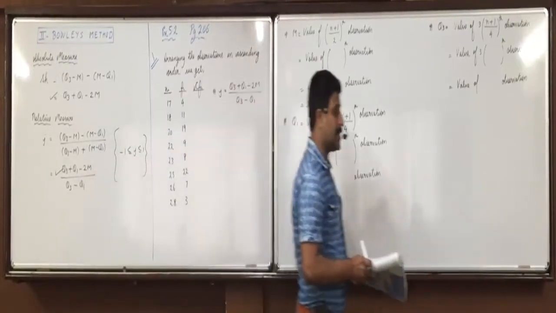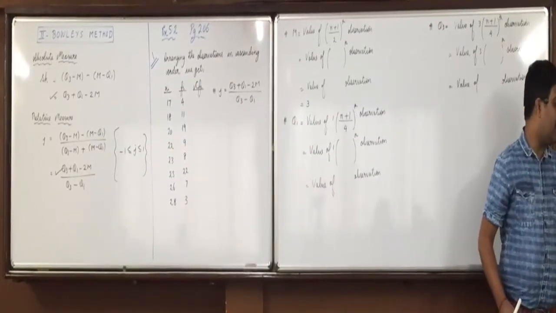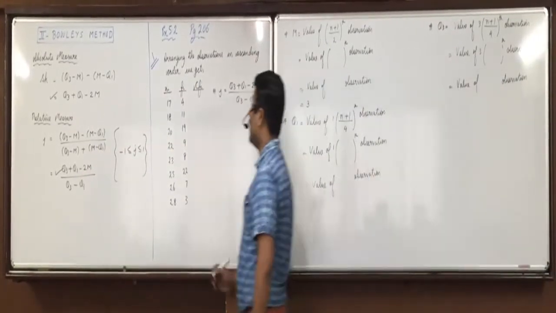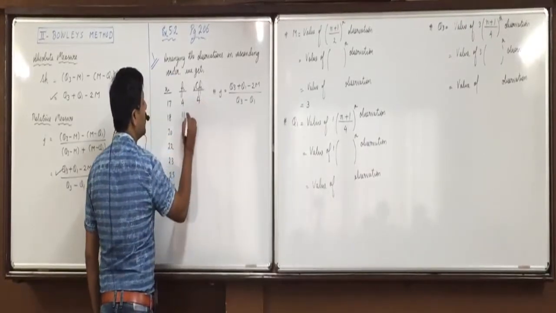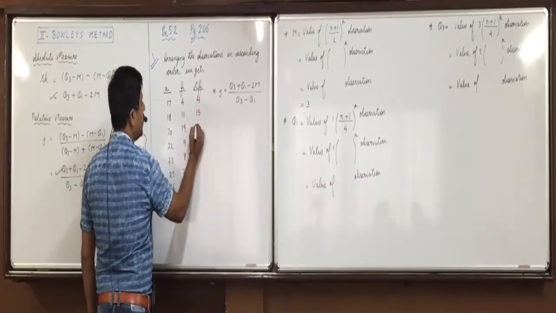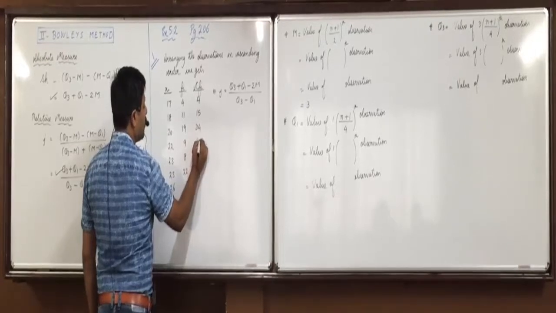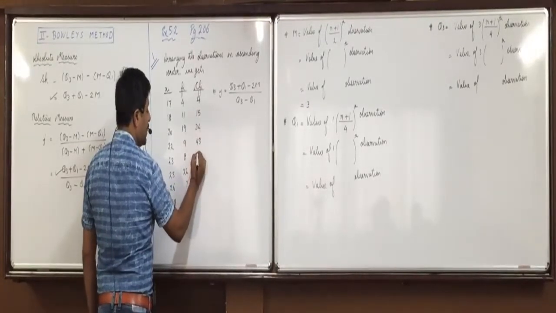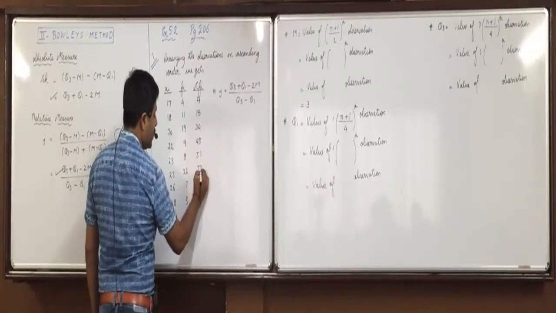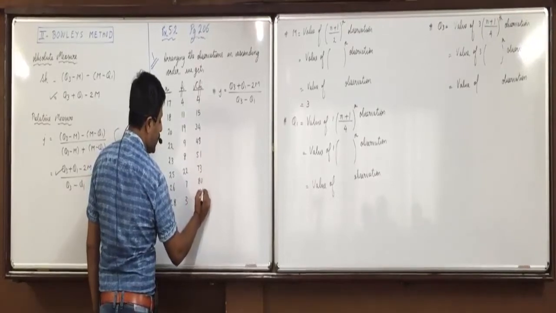All of you could get this correct? Yes. Now if you find the CFs: 4 plus 11, 15 plus 19, 34 plus 9, 43 plus 8, 51 plus 22, 73 plus 7, 80 plus 3, 83.